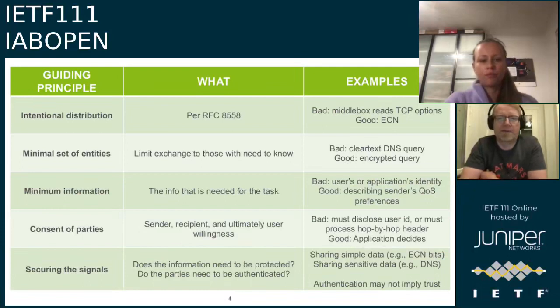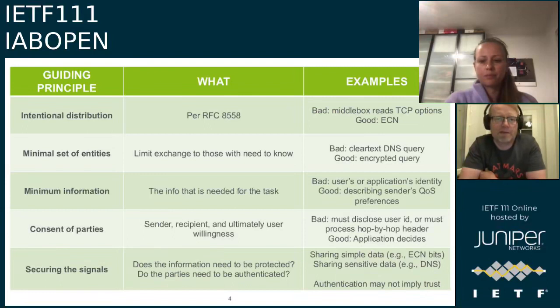Some bad examples here, things that one should not be doing, like a middlebox should not be reading TCP options and transport protocol headers. Maybe a better example could be something like ECN bits or spin bits, where you actually designed a particular mechanism to convey a very limited set of information on purpose for different parties.